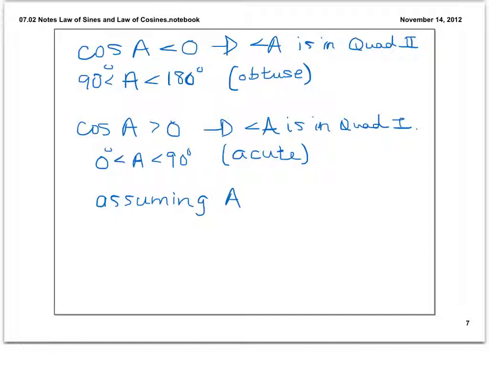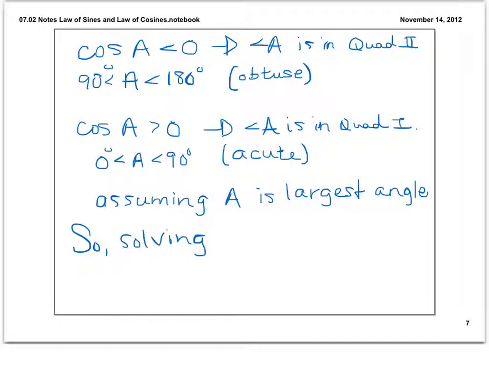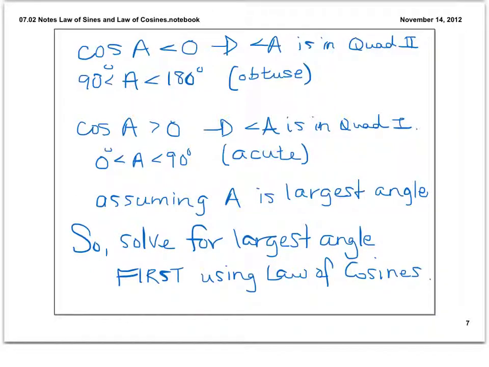For that reason, if we're using the law of cosines, we want to make sure that we solve for the largest angle first. And again, this is specific only to the side, side, side scenario.